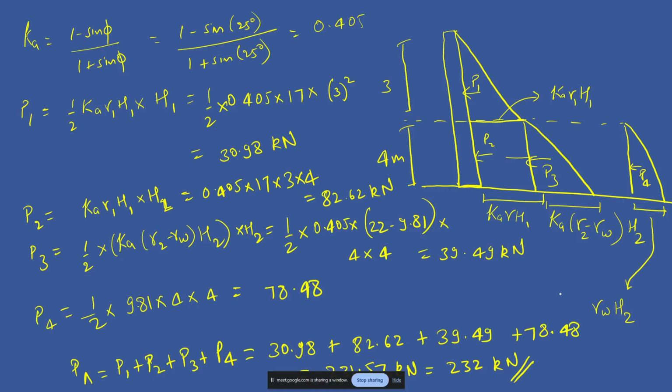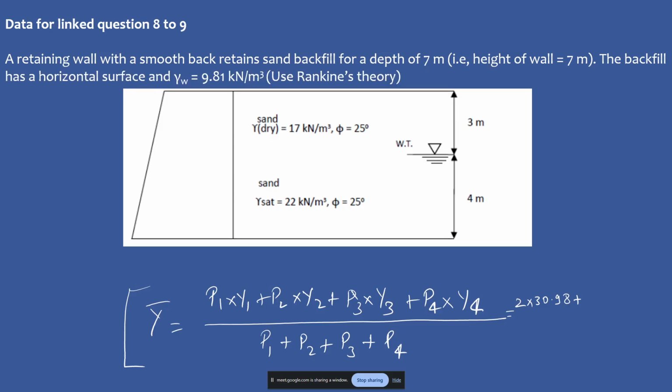Then another force is P2, which will act at the center of the below stratification, which is 3 plus 2. And the force is 82.62, into 5.